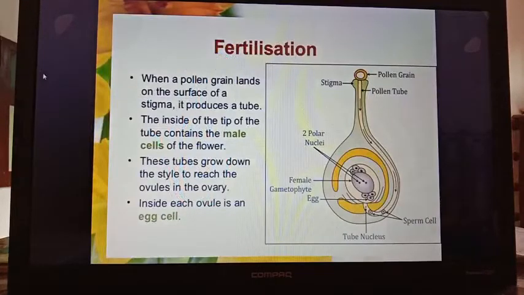Now we can discuss the fertilization process. Fertilization is the process in which mainly the fusion of nuclei of male and female gametes takes place.